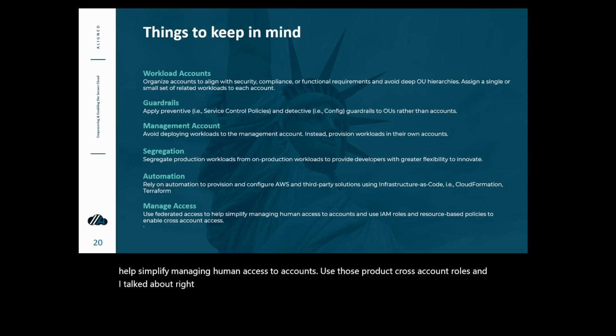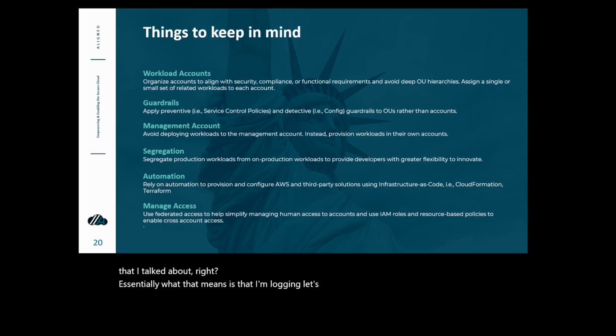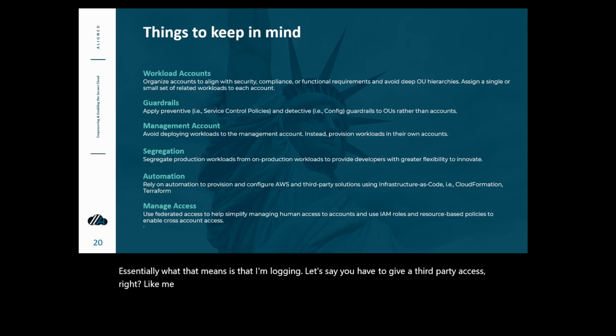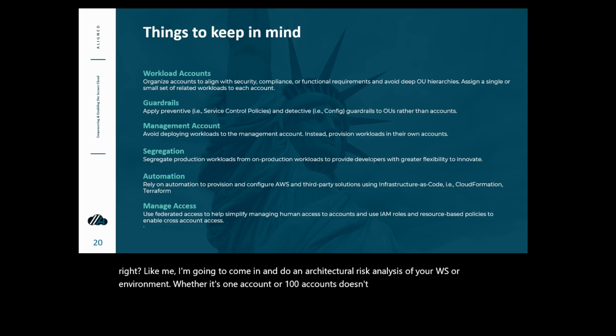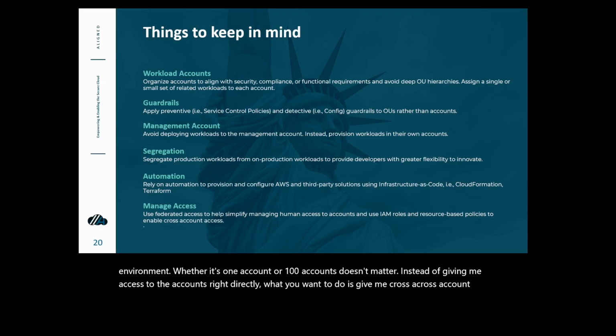Essentially what that means is, let's say you have to give a third party access, like me. I'm going to come in and do an architectural risk analysis of your AWS environment, whether it's one account or 100 accounts, doesn't matter. Instead of giving me access to the accounts directly, what you want to do is give me cross-account role access.